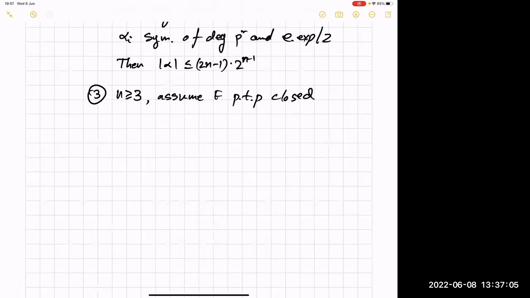There are no prime-to-p degree field extensions. And characteristic 0.